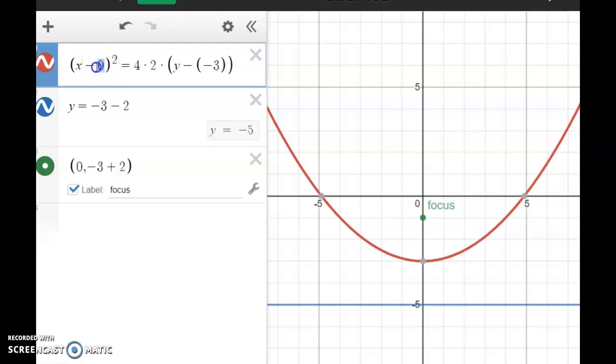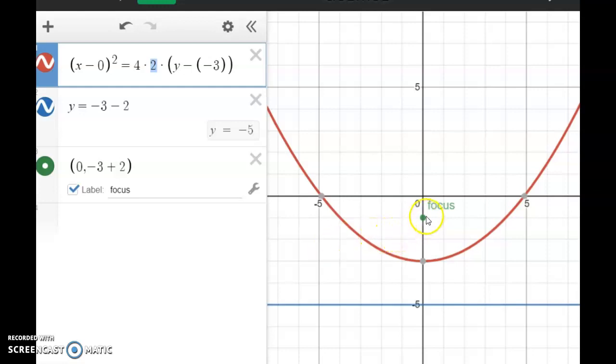The focus is the 0 right here, and then the other one, negative 3, which is the k, and I have to add to that the p. That's also why I wrote the 8 as 4 times 2, because the 4 is a given in the parabola equation, times the p, so in this case the p is 2. So I added to it, and I come up with the focus, which is right here.